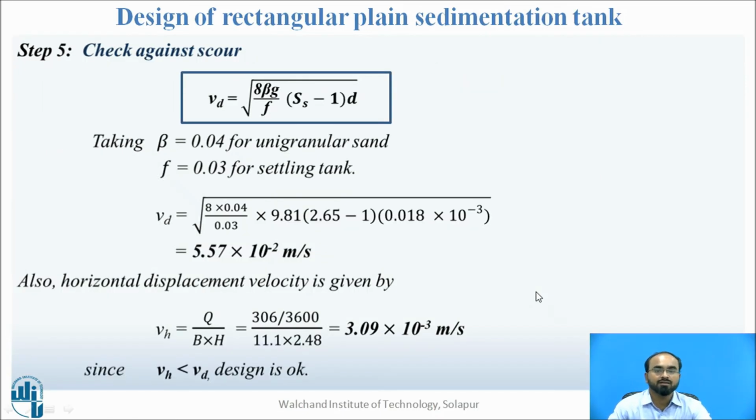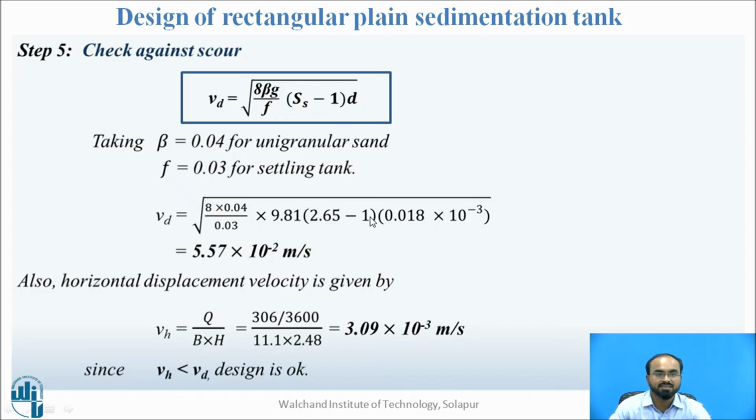So let us check all the design with respect to scour. That is our step 5, that is Vd is equal to the root of 8 beta g divided by f in bracket Ss minus 1 into d. By taking beta equal to 0.04 for unigranular sand, because in the sedimentation tank we assume that the particles which are coming will be unigranular. So beta will be 0.04, f is 0.03 for settling tank.